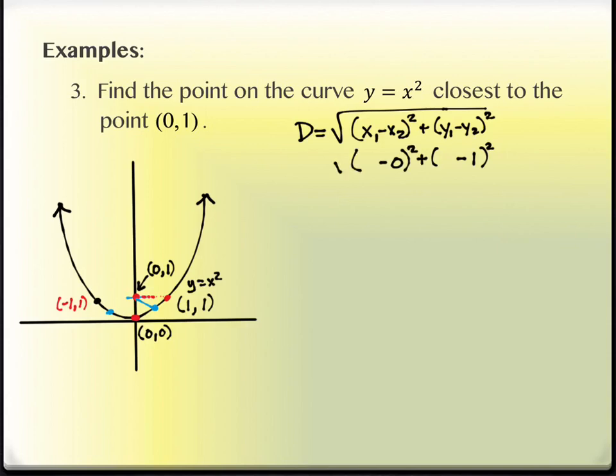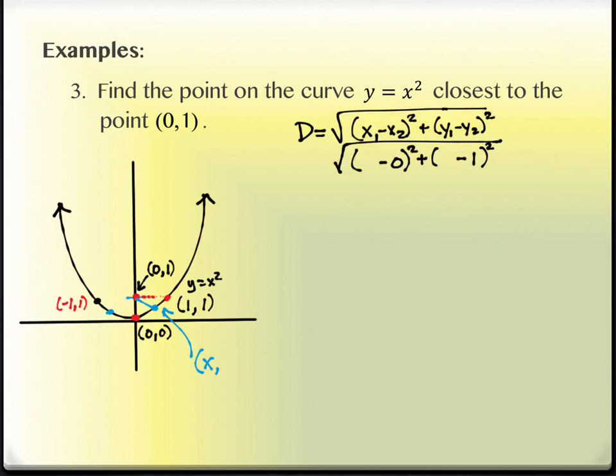I need to find the other point still, but we're halfway there in determining the pieces. Now, I don't know what this point in blue is. That's what I'm looking for, yeah? I don't really know what it is. It is some point, and I don't know the x value.